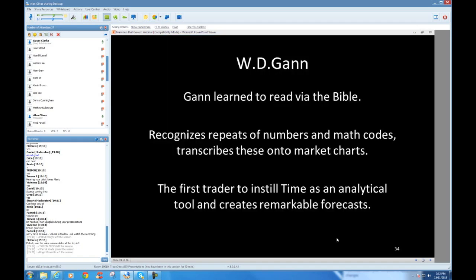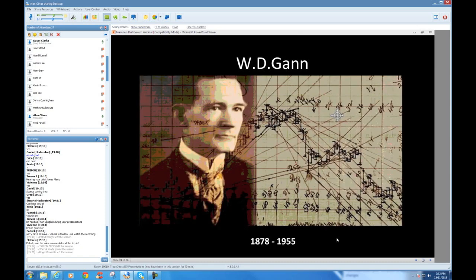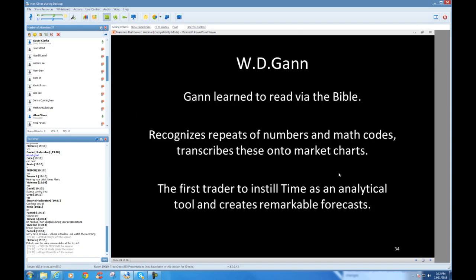What you'll see is that at major tops and at major lows, he just started a time count. You can see these numbers, 4, 8, 12, 16, 20. So every top that comes in and every low that comes in, he just starts a time count, and he's looking for these Fibonacci numbers, these important numbers, to try and find where the market could have a change of trend or a change of direction.